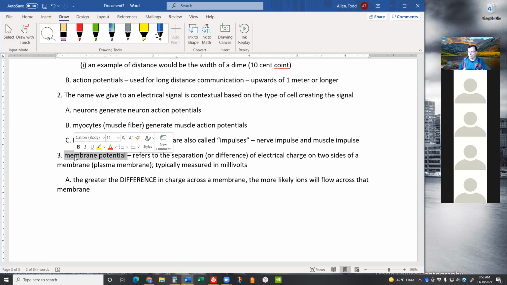That difference is the membrane potential, and it is measured in millivolts. And you noticed in the video, they had a graph where they were trying to show you how the millivolts were changing as ions moved back and forth across the membrane. So let's continue here. Please ask questions along the way.